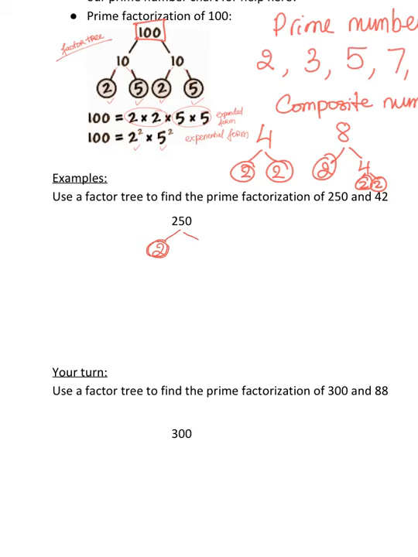And then I divide by 2 and see what the other number is. 2 times 125 is 250, so 125. 125 is not a prime number, it's still a composite number, so I don't circle it. I'm going to find the factors of 125. 125 is divisible by 5. 5 is a prime number, so I circle it.